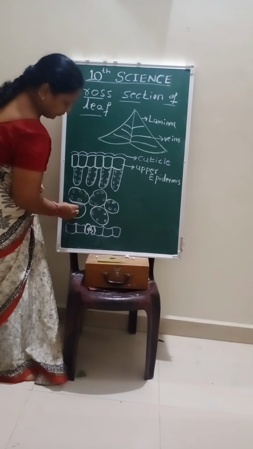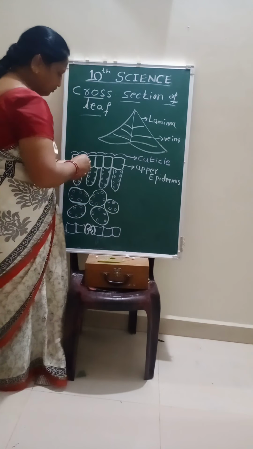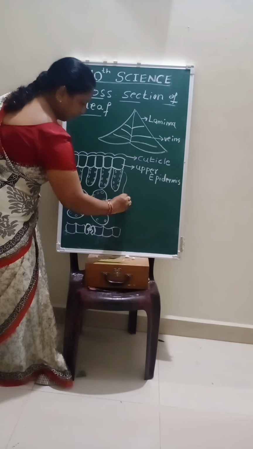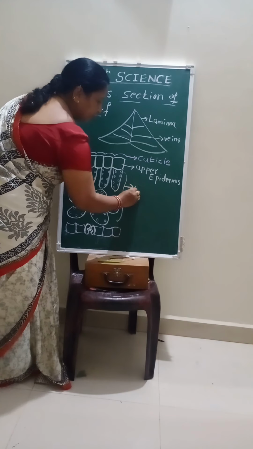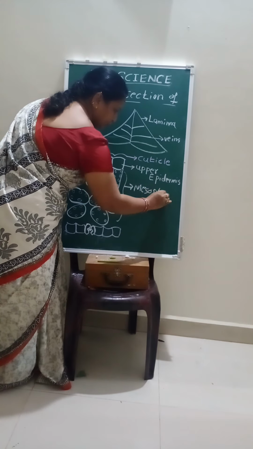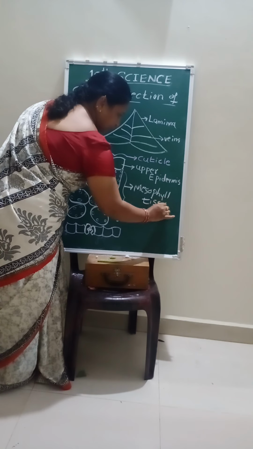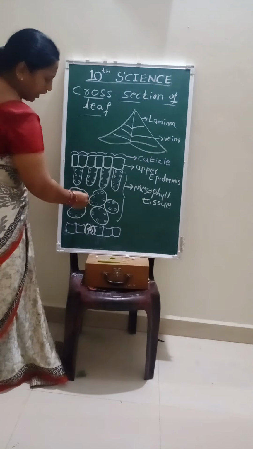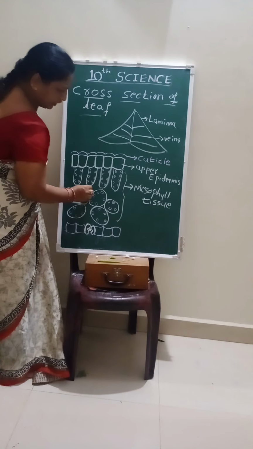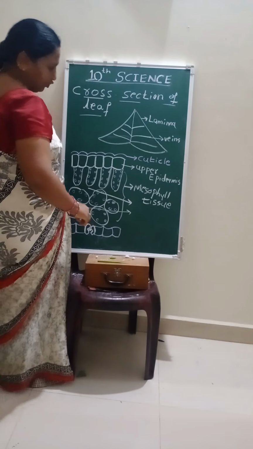So total we call it as a mesophyll tissue. This total we call it as a mesophyll tissue. And between this mesophyll tissue we have a gap. So these are the gaps which make the leaf or a plant to float.